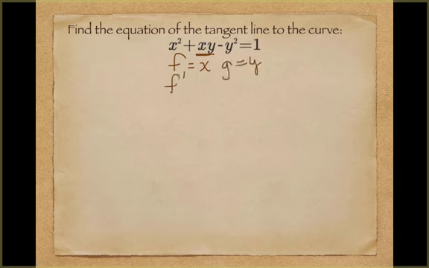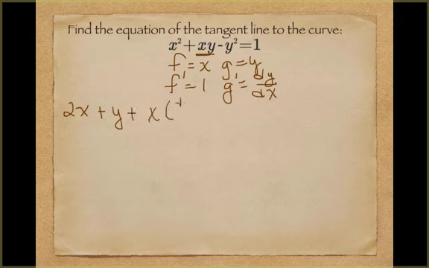My f prime is 1 and my g prime is 1 dy/dx, or just dy/dx. So my derivative of this is 2x plus y plus x times dy/dx minus 2y dy/dx equals 0.